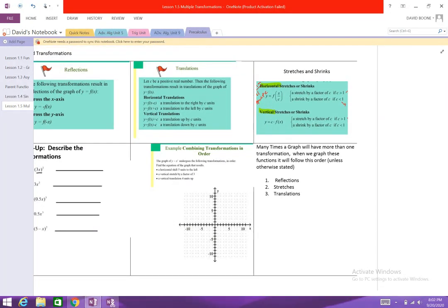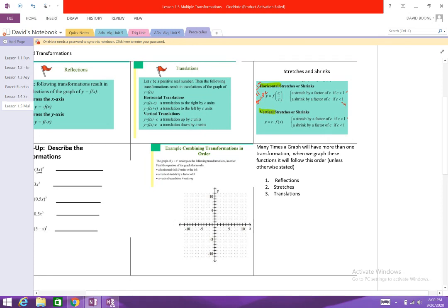In the stretches and the shrinks, if it's inside the parentheses, and if we're dividing, well, then it's a stretch. It's a horizontal stretch.